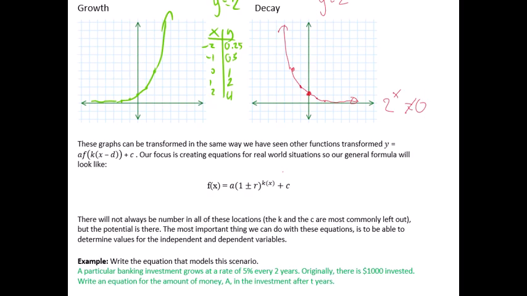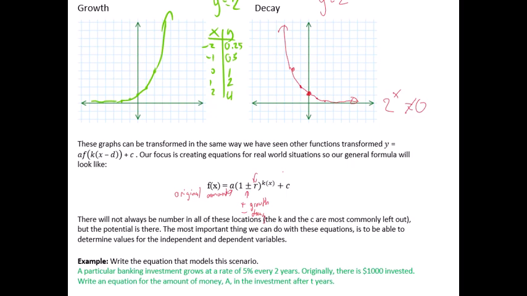In this case, a is the initial amount, the original amount of something that you start with. The plus or minus depends on what function you're working with. If we are adding, then it's growth. Subtracting, it is decay. So this, again, is our growth, and this is our decay.